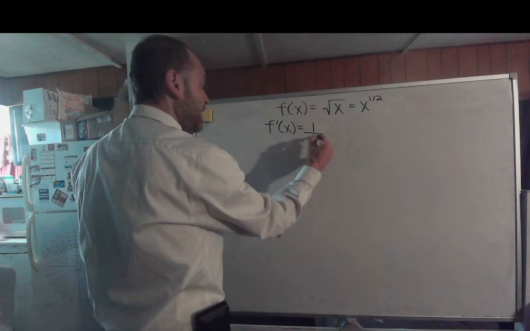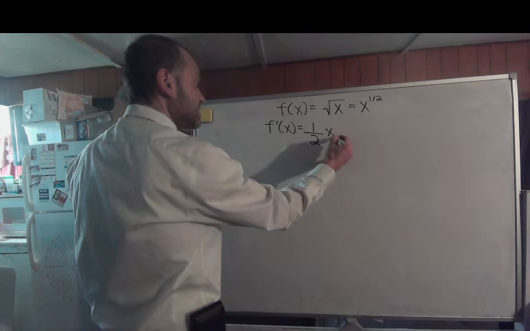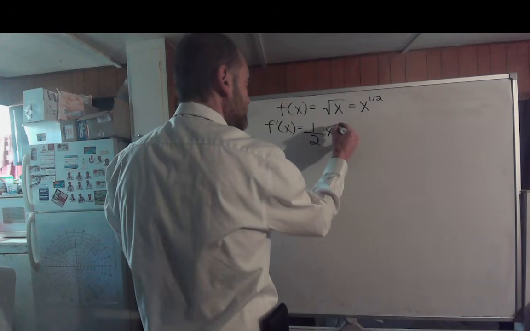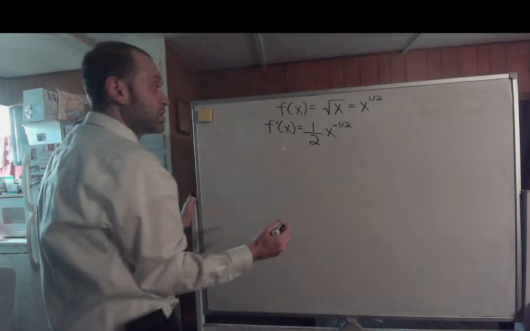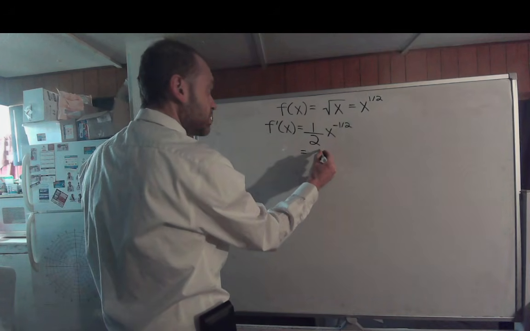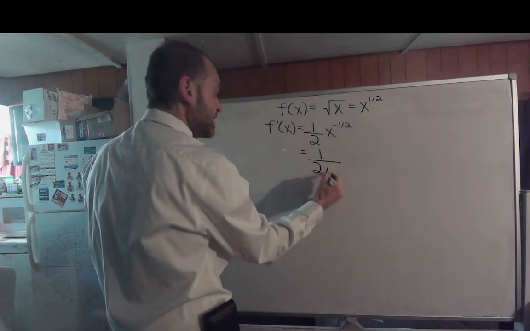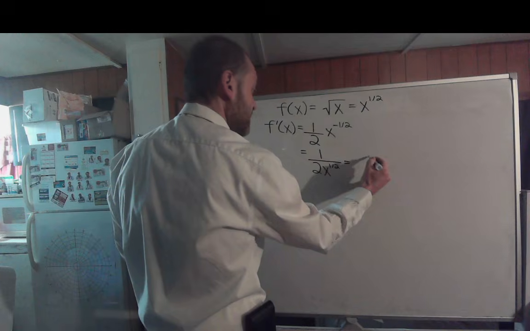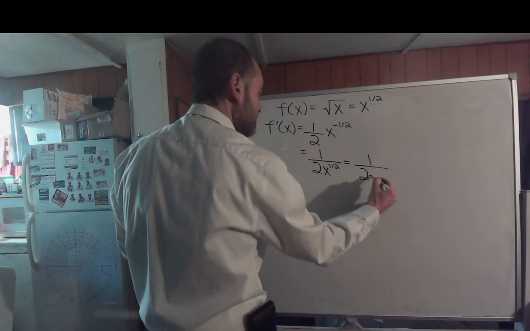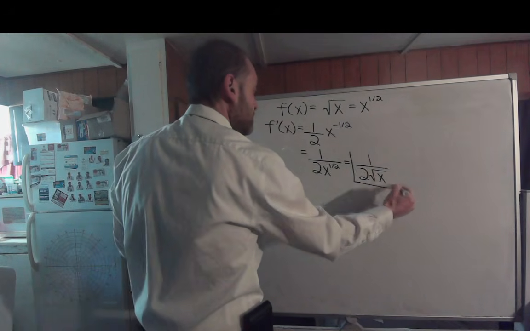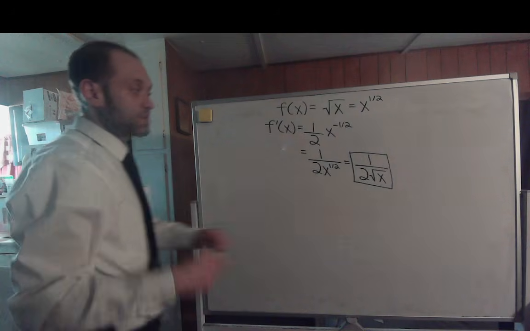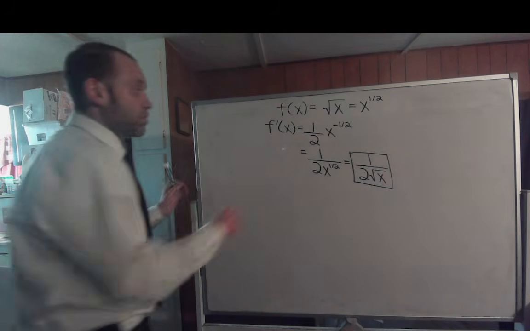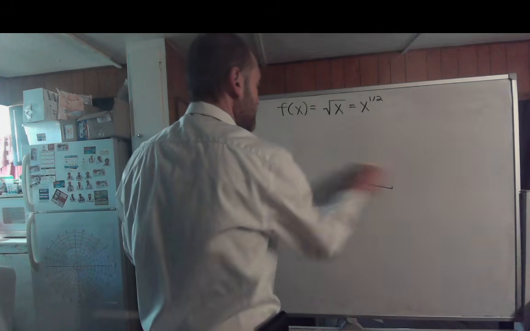This will become 1/2 times x, and then we'll lower that 1/2 by a whole degree. 1/2 minus 1, that's -1/2. Which is the same thing as 1 over 2 times x to the 1/2, which if we want to put it back in radical form, would be the same thing as 1 over 2 times the square root of x. So the derivative of the square root of x is going to be 1 over 2 times the square root of x. Let's do a couple more rational powers.